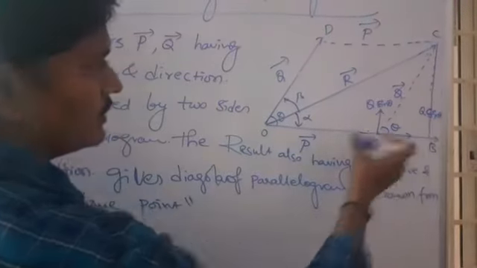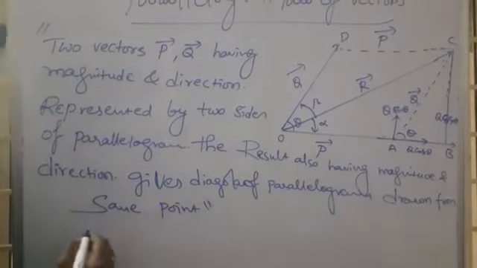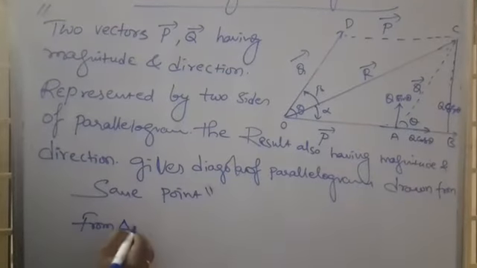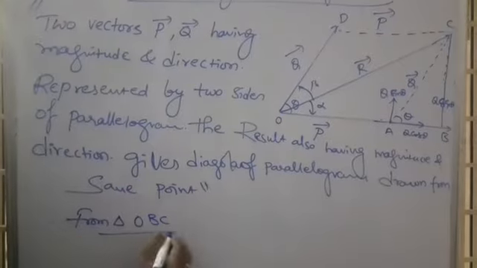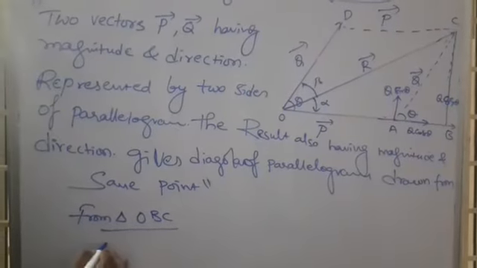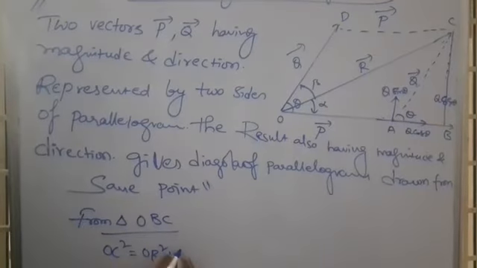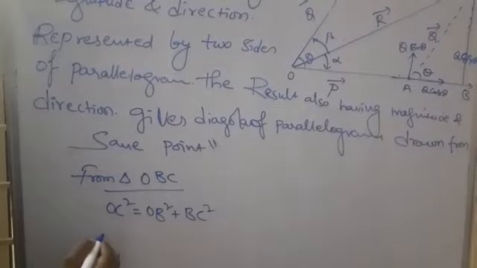This is the horizontal component. Next, from triangle OBC, hypotenuse OC square is equal to OB square plus BC square, according to Pythagoras rule.